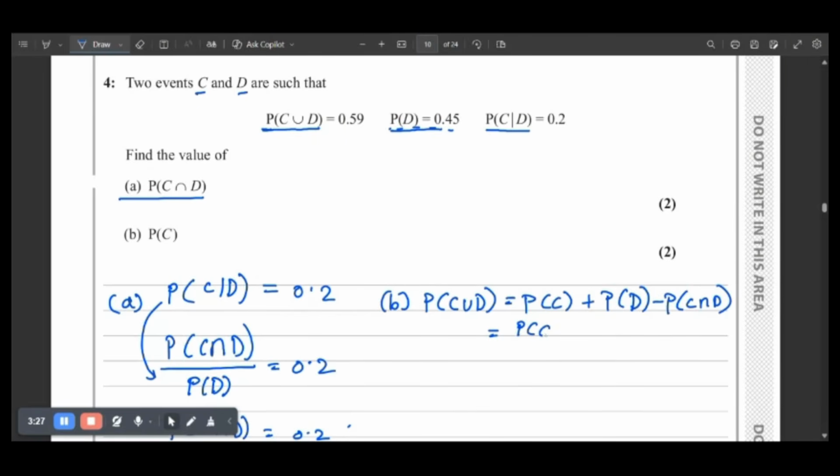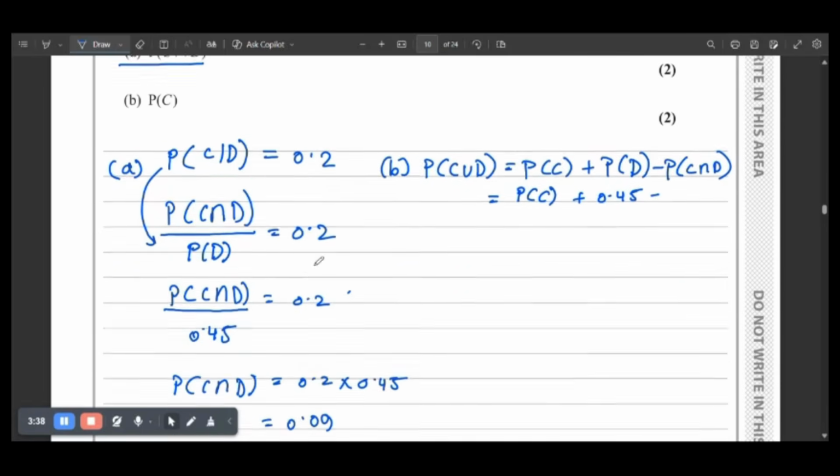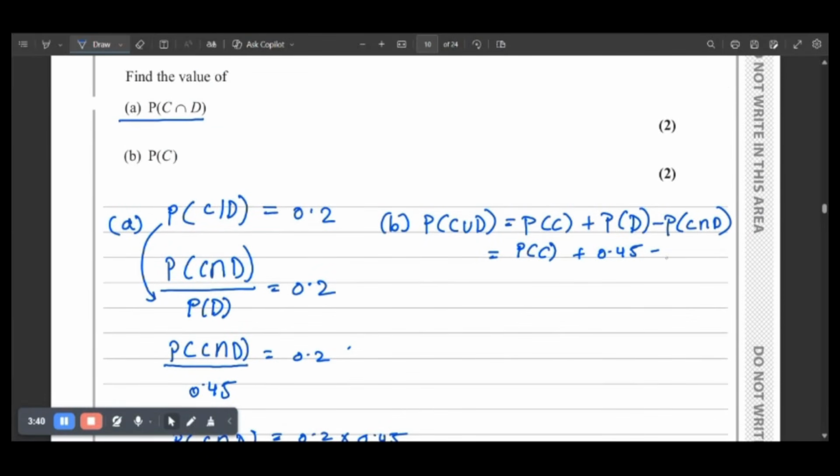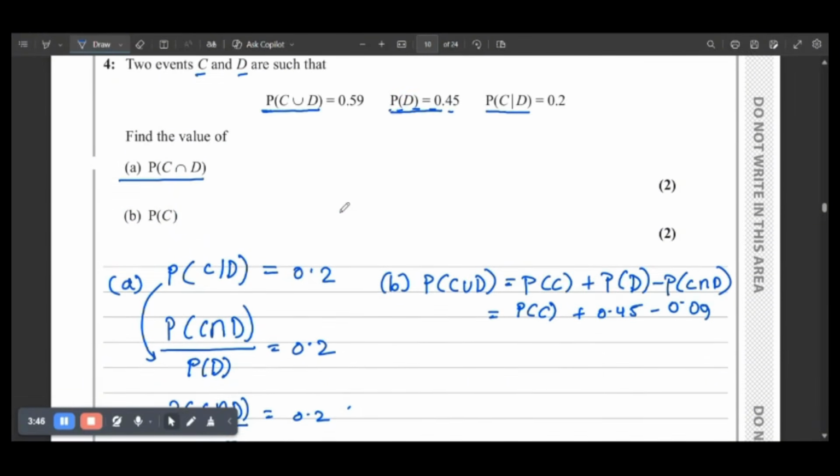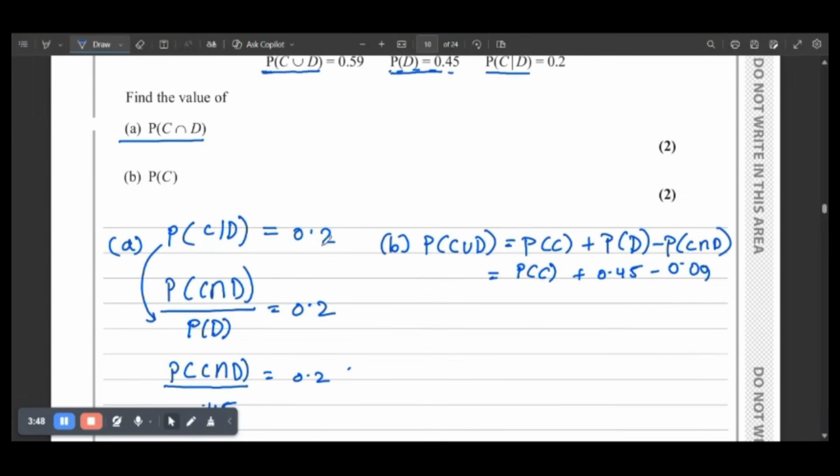Now the probability of C is unknown and the probability of D is known as 0.45, minus the probability of C intersection D, which is what we calculated, 0.09. We also know the union of C and D is 0.59.